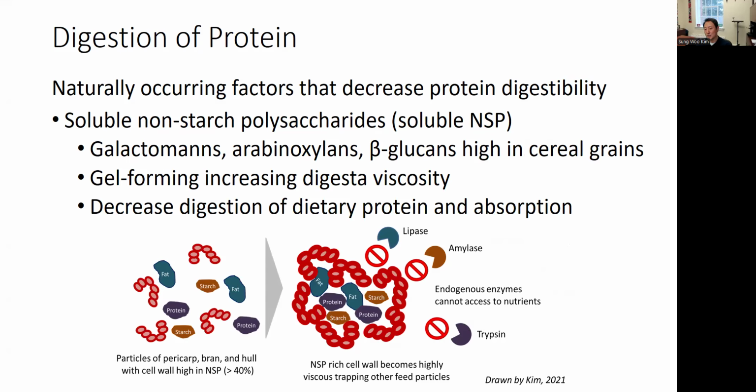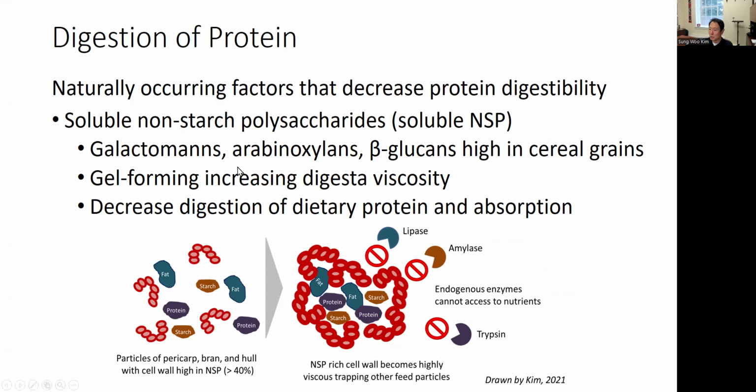Some other factors are fiber. Here, fiber is a very broad term, but here I'll say non-starch polysaccharide, called NSP in short. NSP, broadly speaking, is similar to fiber, right? But it is carbohydrate excluding starch: non-starch polysaccharide.